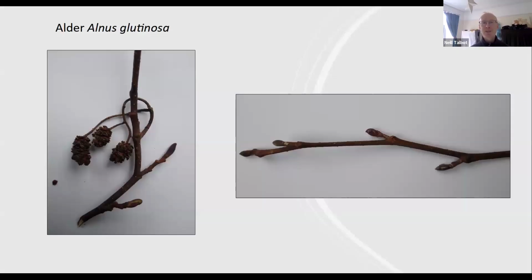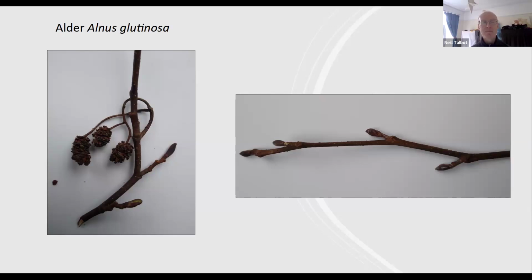So the final species I've got here is alder. It's one of the species I mentioned that prefers wetland habitats, and it's unique really. It's the only broadleaf tree that's got cones. So these are the female flowers and fruits.